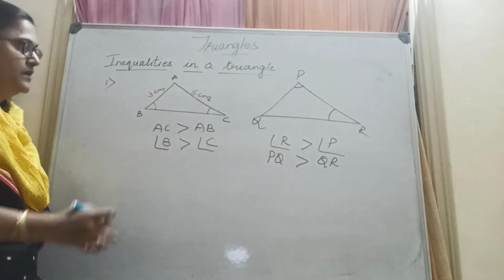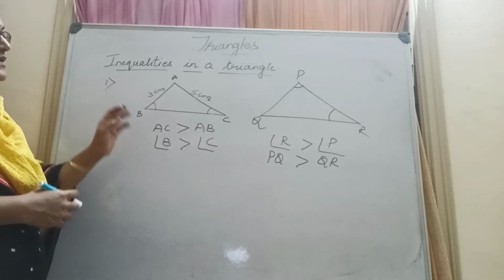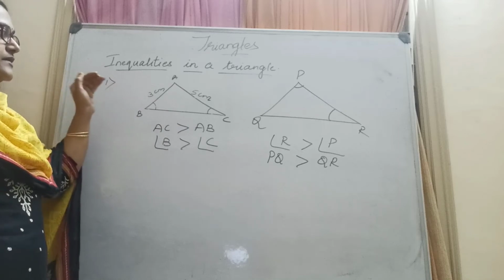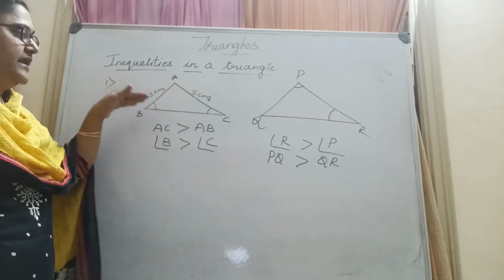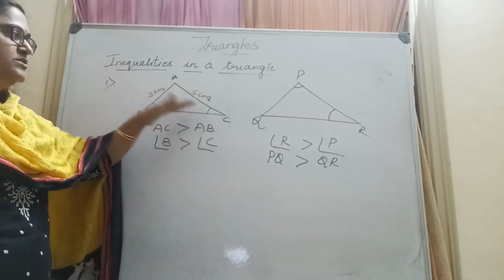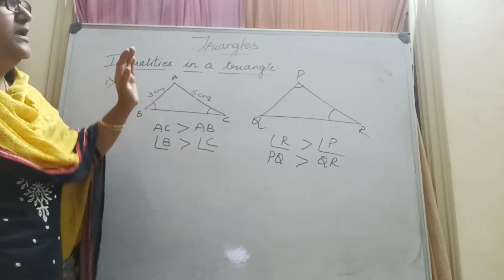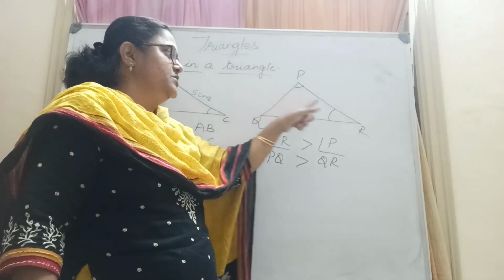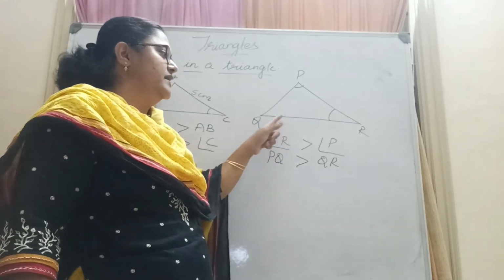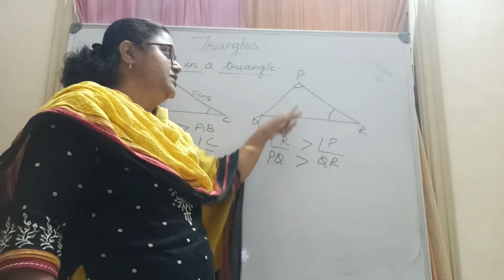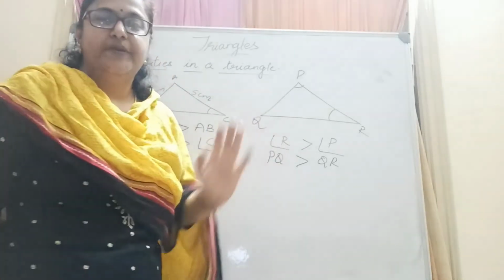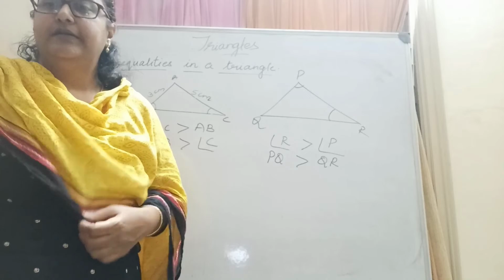So if you have a triangle with two unequal sides, the angle opposite to the greater side will be greater than the angle opposite to the smaller side. Putting this the other way, the side opposite to the greater angle will be greater than the side opposite to the smaller angle. Fine. These are the two properties of inequalities in a triangle.